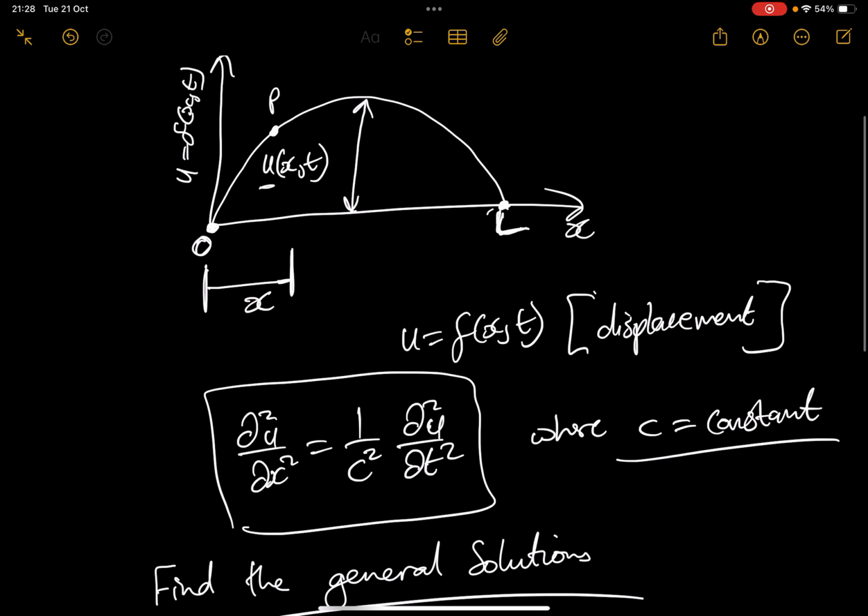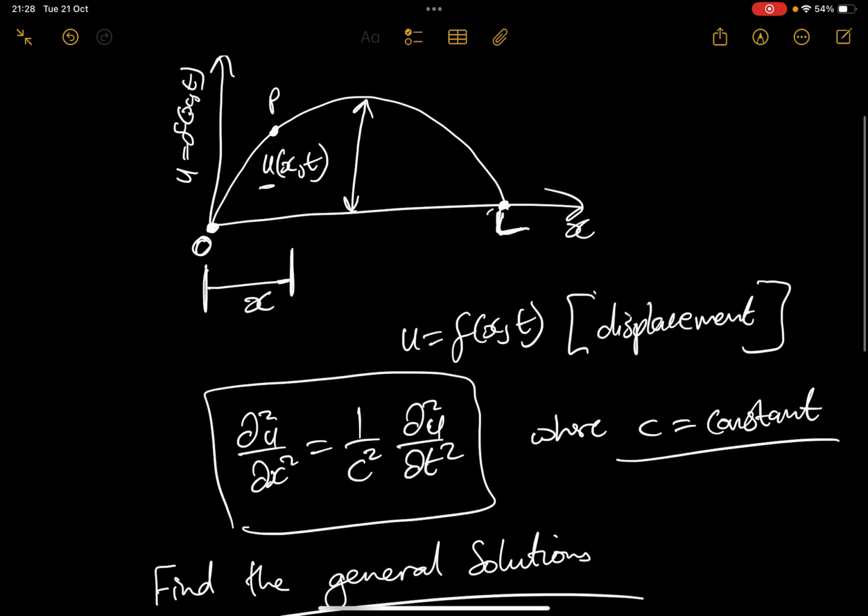So now from here we need to evaluate the second boundary condition. We are saying when x is equal to L, the displacement is 0.